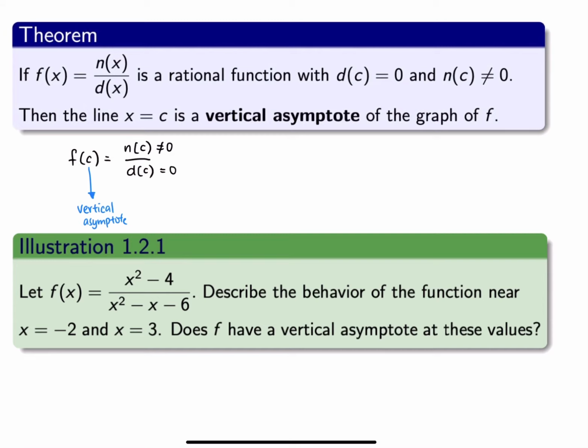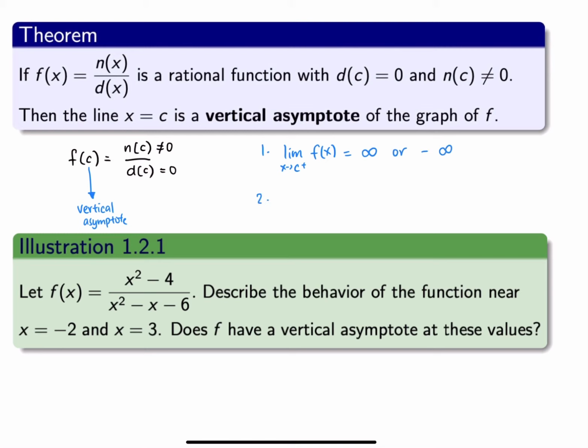So from this theorem, we can also take note of certain statements that can help us determine if f of x has a vertical asymptote at x equals c or not. First, the limit of f of x as x approaches c from the left is equal to infinity or negative infinity.